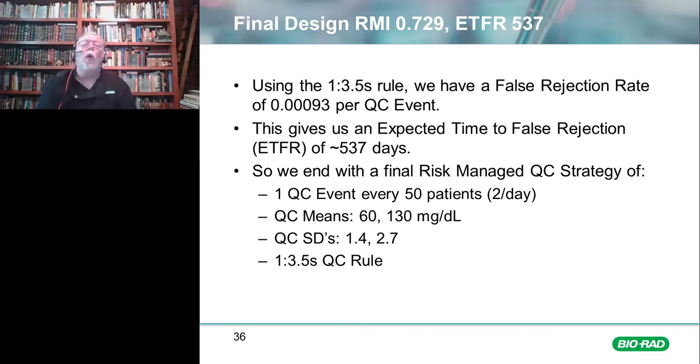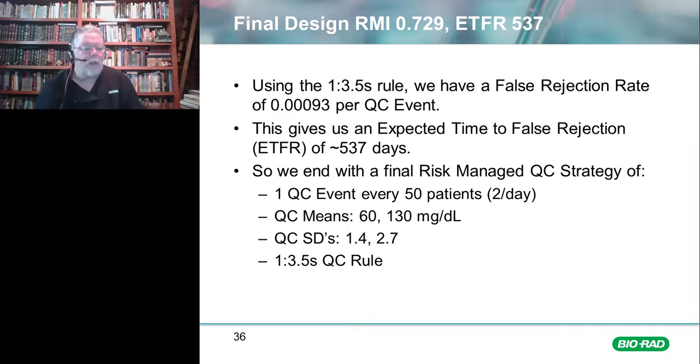So this is one way that you can use a low RMI. We can choose a QC rule that has a much lower false rejection rate. And even though that does increase our risk, we still have managed risk, but now we have taken advantage of our capacity to dramatically increase the number of days that we go between false rejections.